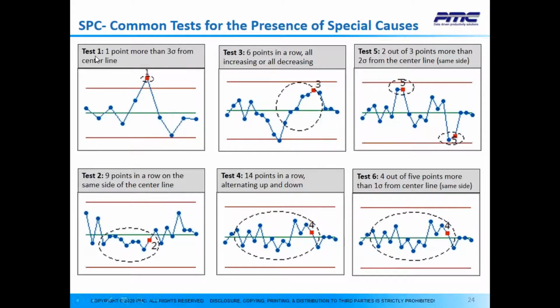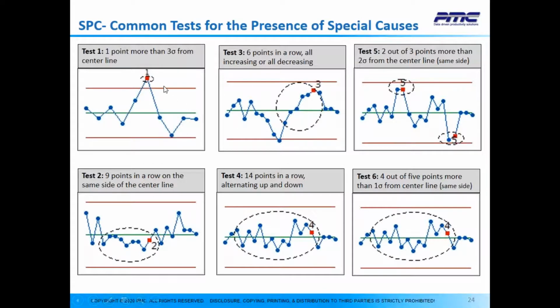So the first one, we call it 1 point outside the control limits. In other words, outside 3 sigma from the center line, right? So these red lines are your control limits, and we do have a data point outside. And by the way, these charts are from Minitab, a software, if you haven't heard of it, it's a great statistical analysis tool that I'm used to and use a whole lot. I took these graphs from Minitab defining each of these tests.